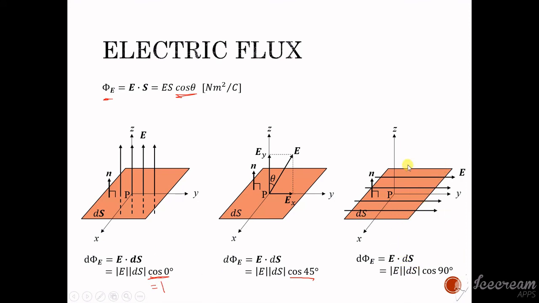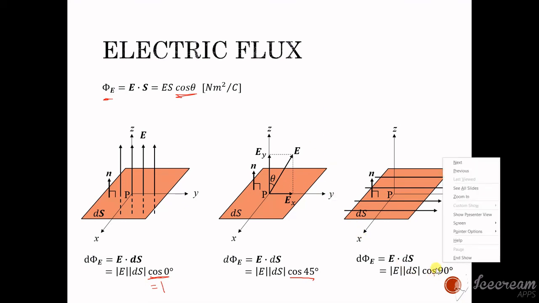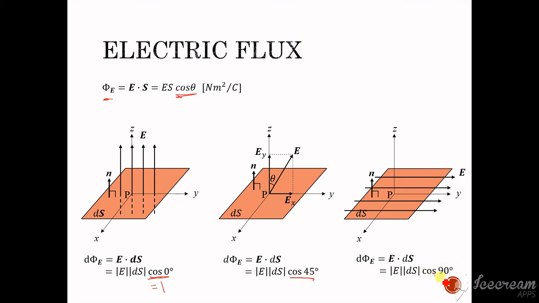And how about this one? We have again the same surface with the normal in the z direction, but this time we have the electric field in the y direction. So the angle between E, the electric field, and ds will be 90 degrees. So cos 90 is equal to 0. Here we won't have any vector E passing through that surface ds, which you can see over here.